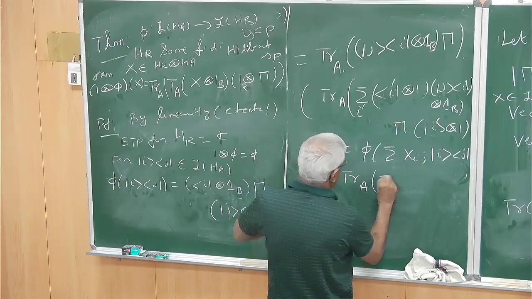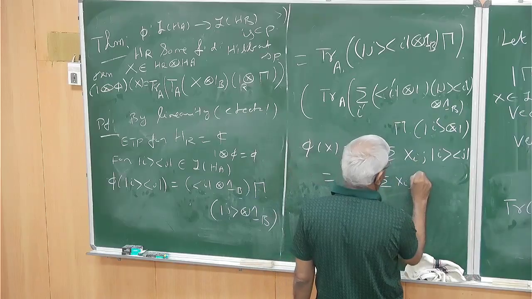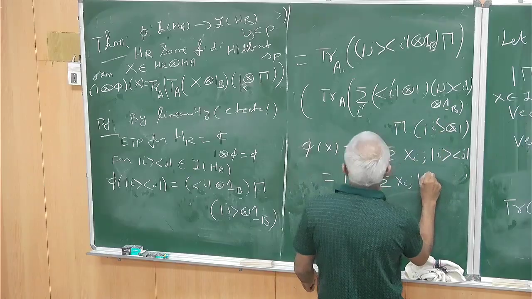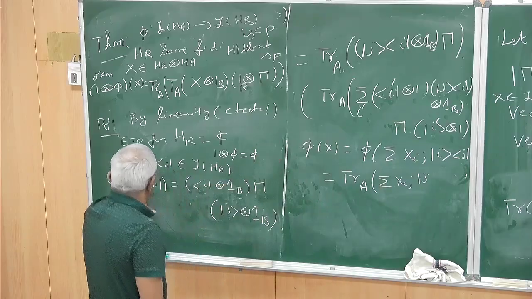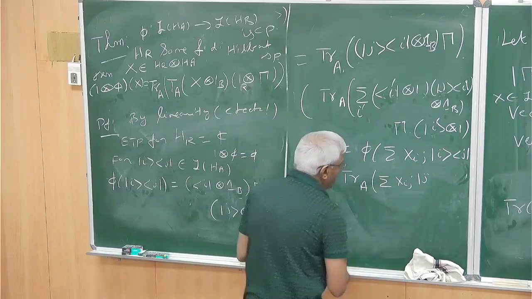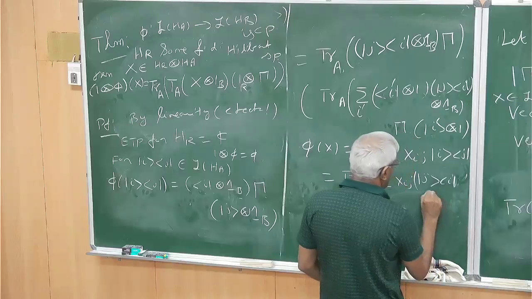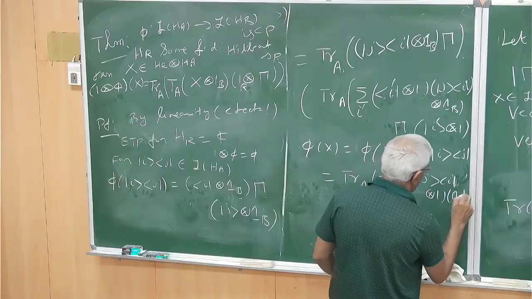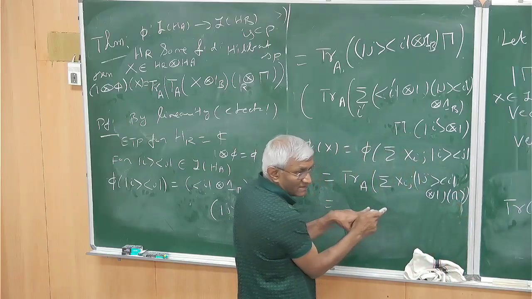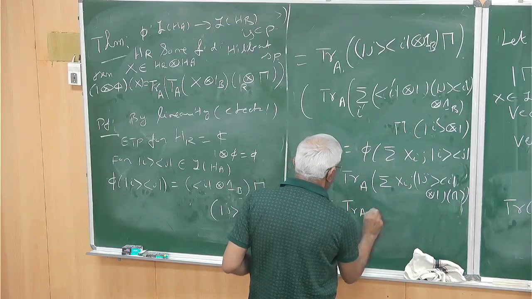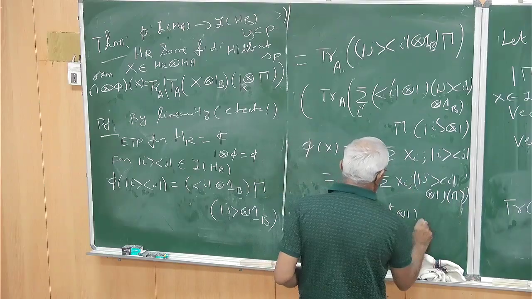Summation x_ij, this is ji. Ij has become ji. Here we had ij, that becomes ji. So I directly write ji, tensor 1, gamma. So this is basically the transpose of this. So this becomes trace A of x transpose tensor 1 of gamma.